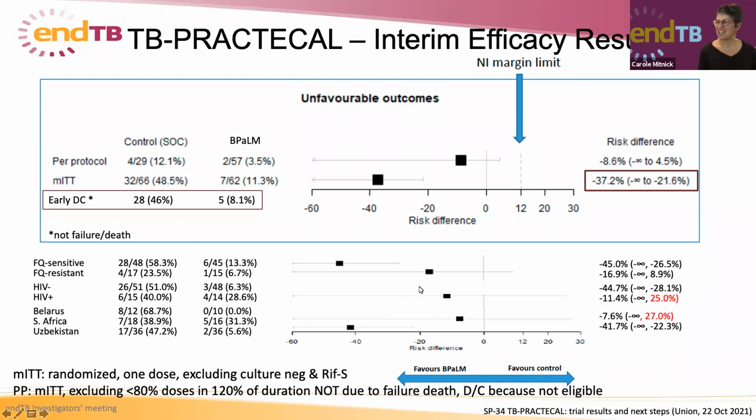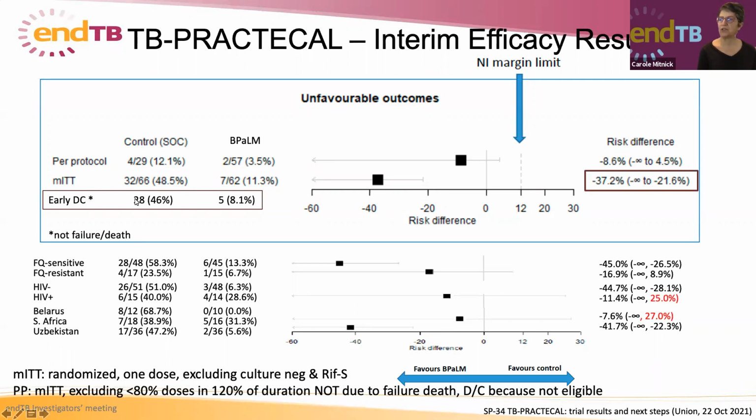You can see that in the HIV positive group, it is conceivable that this regimen might not have the same benefits that it does in the HIV negative group, and that these differences between groups may also hold by country, and that's likely because South Africa contains the bulk of the HIV positive patients in the trial. So these will be things just to pay attention to moving forward, and it may be that this regimen does hold great promise for certain subgroups, but not all.